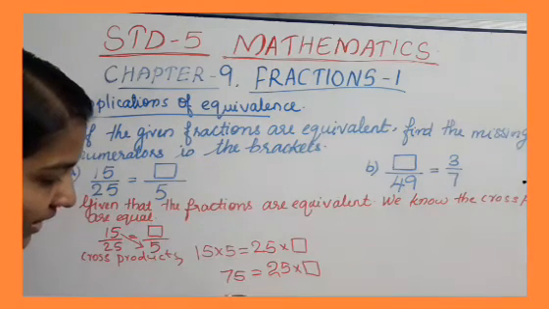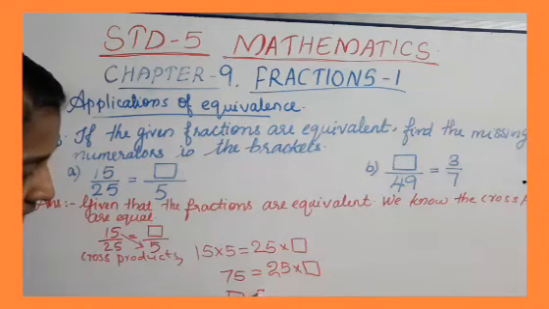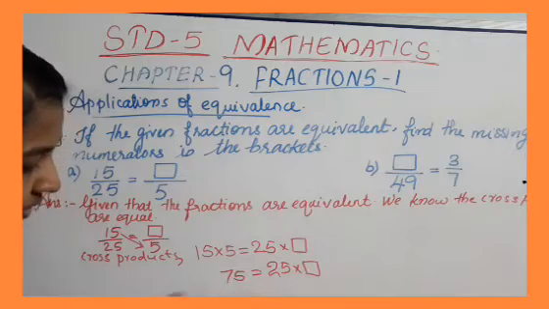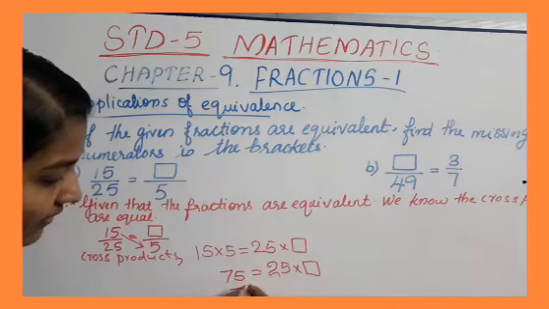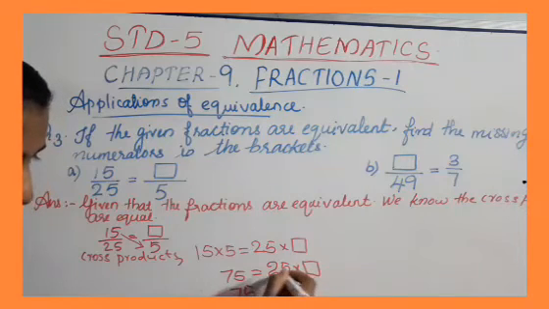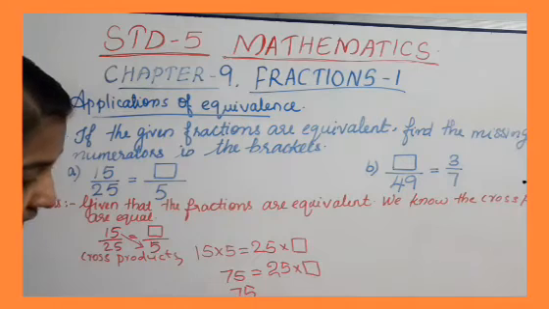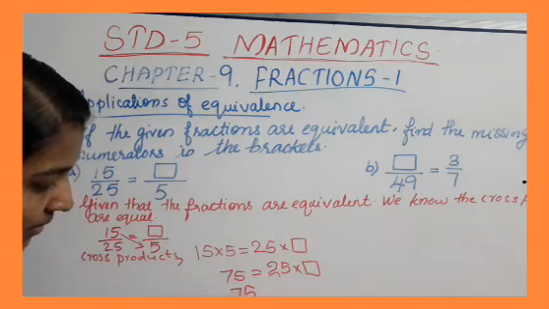So I am writing dash is equal to 75, which is on the left side, isn't it? Here the 25 is multiplying with this number, so I am taking that to the left hand side, and now it will become division.